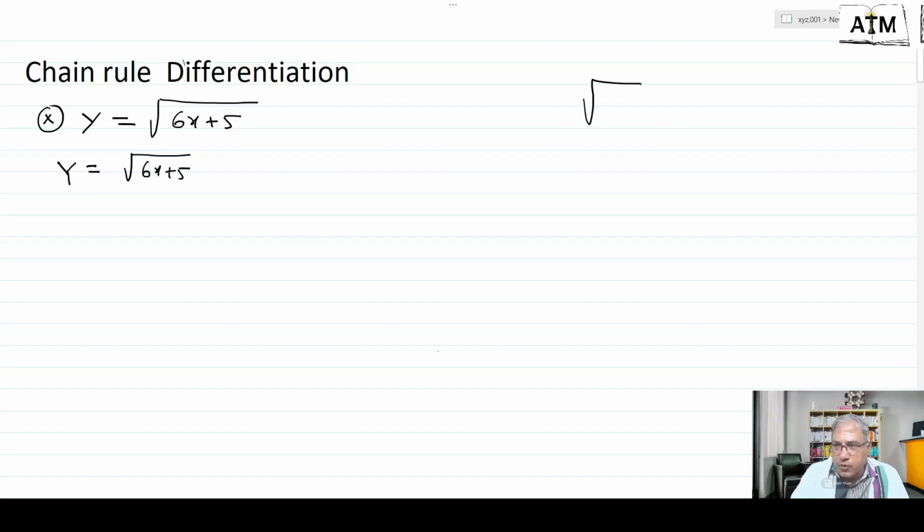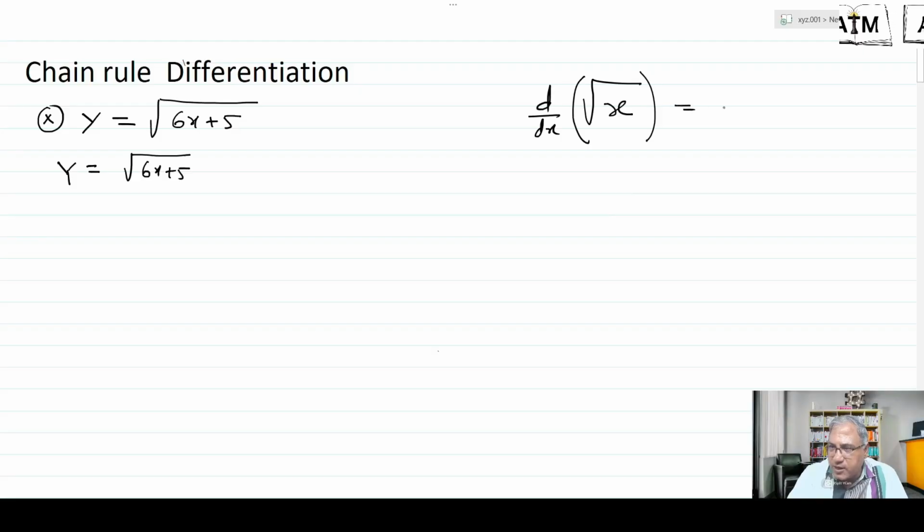Suppose only root x is there, then I will give you one formula. Whenever root x is coming, what is the derivative of root x? I am going to give you one shortcut idea to remember the derivative of root x. So here I have root x.